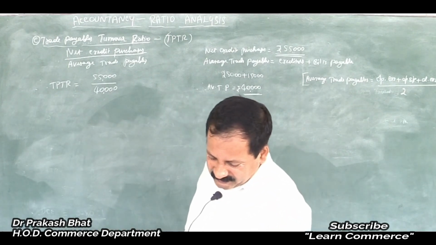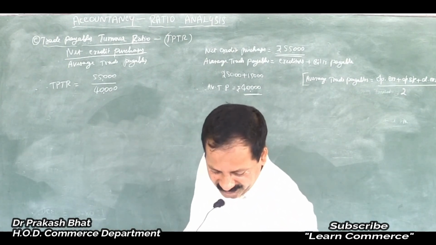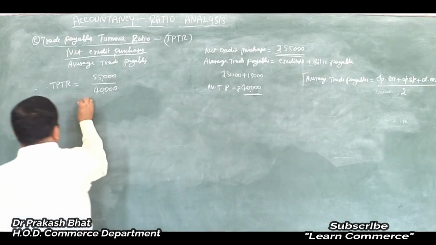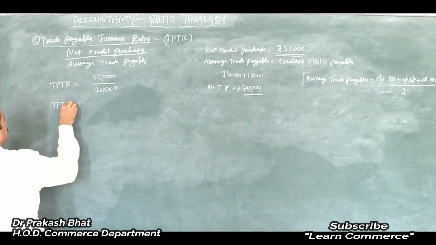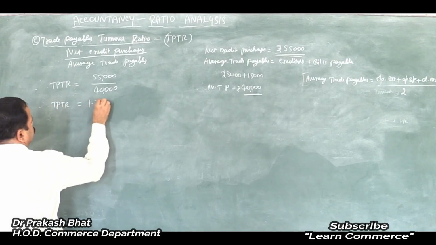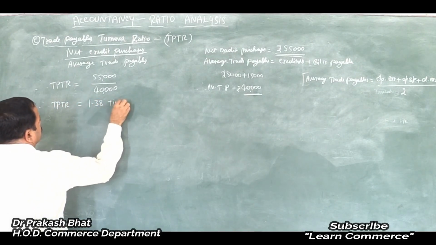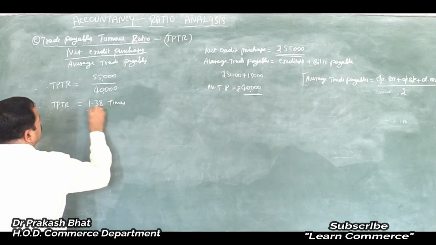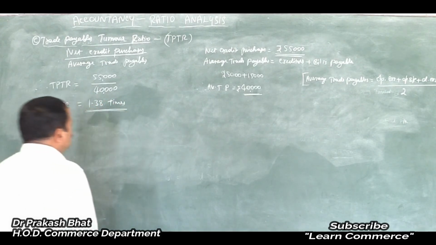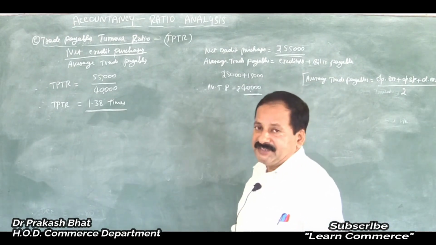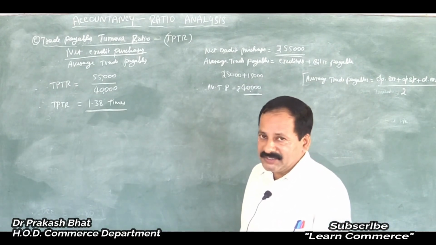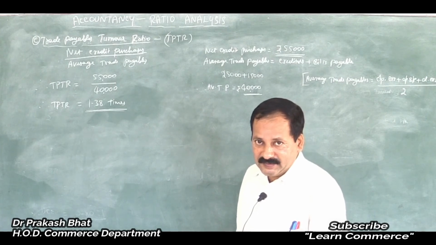It will come as 1.38. Therefore TPTR is equal to 1.38 times. Whenever there is a ratio to be calculated on turnover, then represent it in the form of times, not is to 1. Remember, clear? Yes.